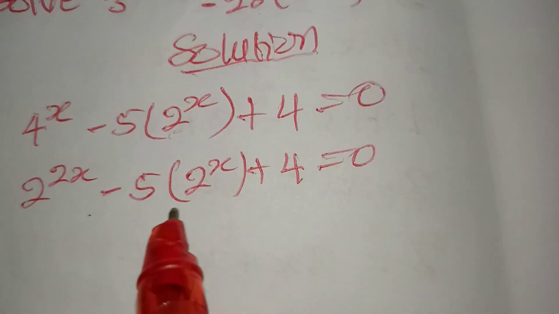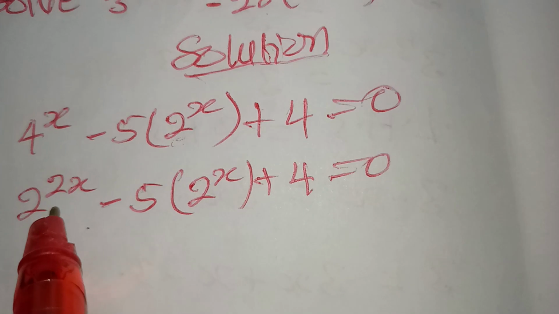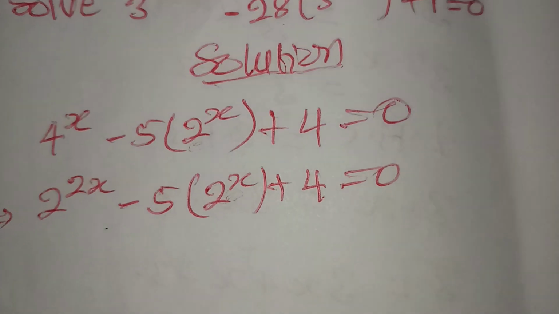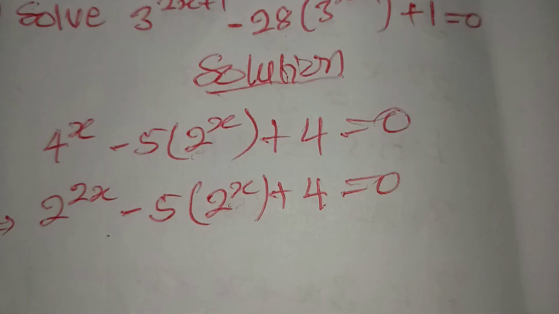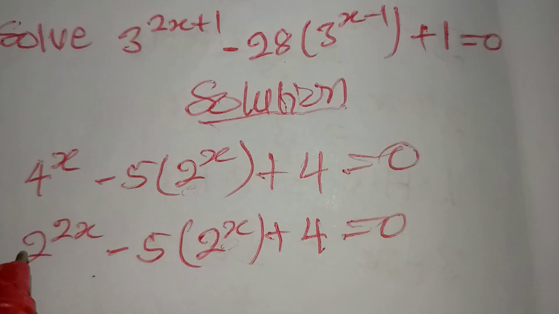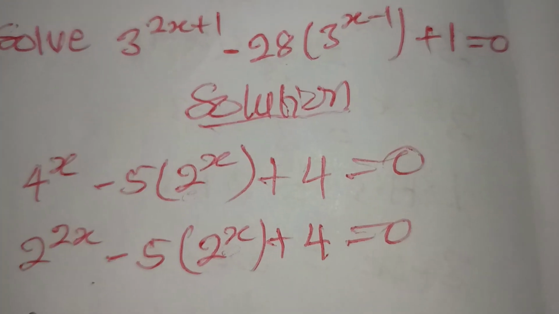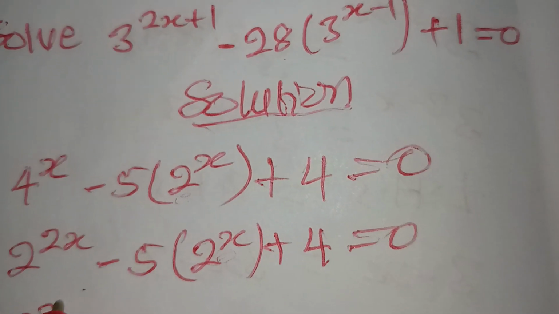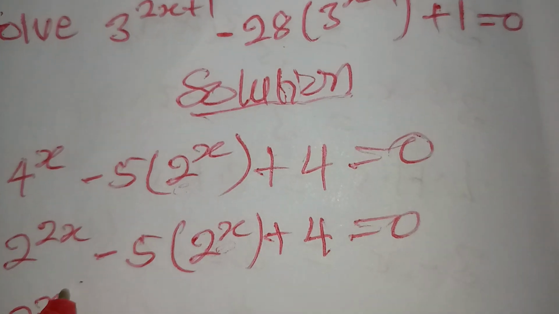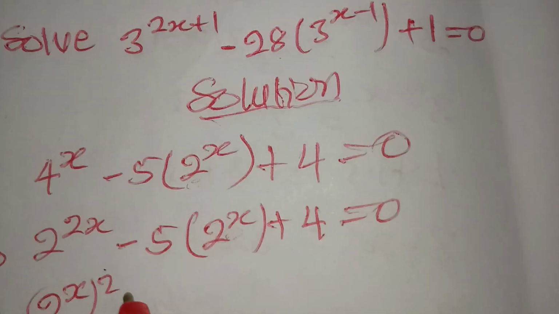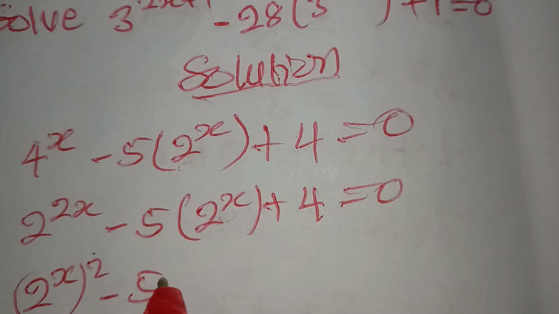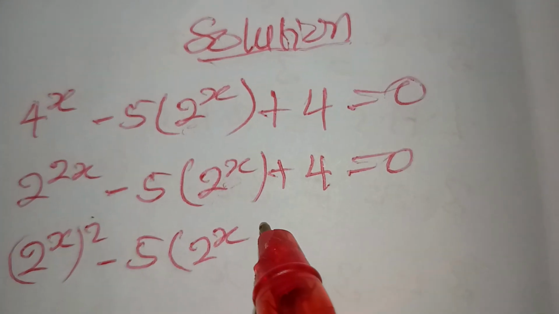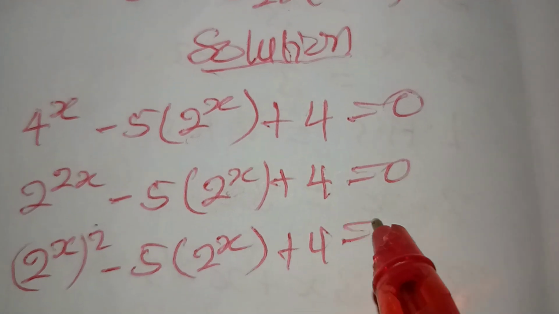Having done this, we can put this in the form of (2 exponent x) raised to the power 2, minus 5(2 exponent x) plus 4 equals 0.